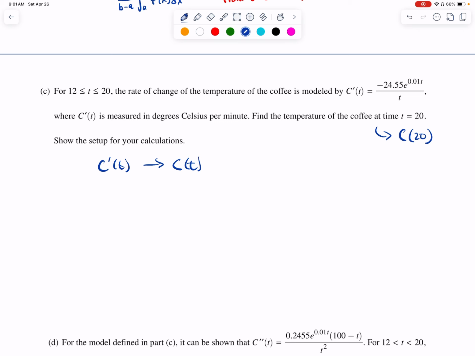I need to anti-differentiate it. So if I take the integral of C prime of t with respect to t, I should be able to get C of t with some constant of integration, which I don't have to worry about because I have limits of integration here. Specifically, this is going to be a definite integral from 12 to 20.